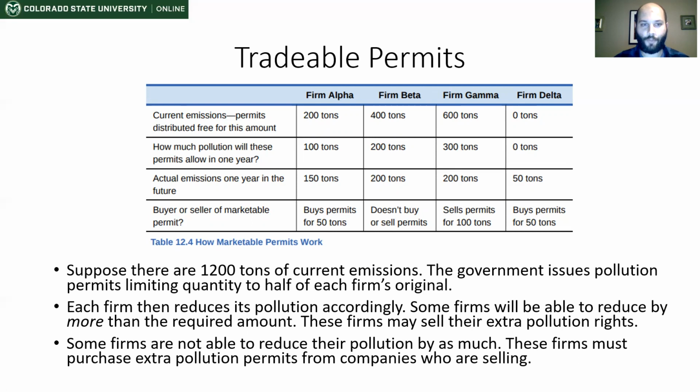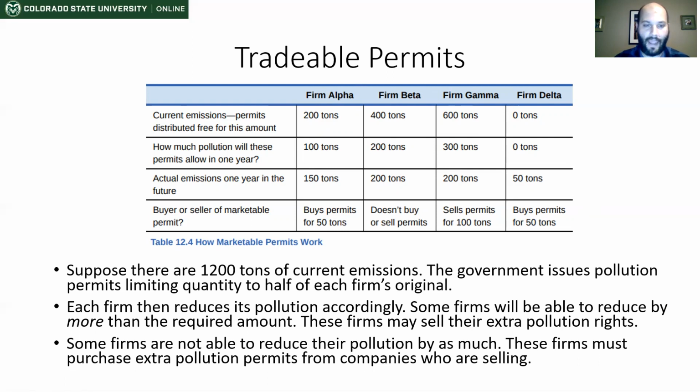We wouldn't call it command, because they're not specifying a certain level of overall production, but sort of basing it on what firms were already producing, rather than the government saying, okay, here is the total amount we're going to produce and the total amount we're going to pollute. But it's enough government intervention that it's sometimes seen as being on the path to a command-based system and therefore unpopular.